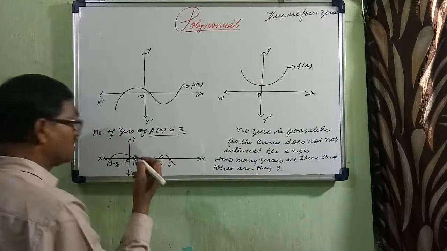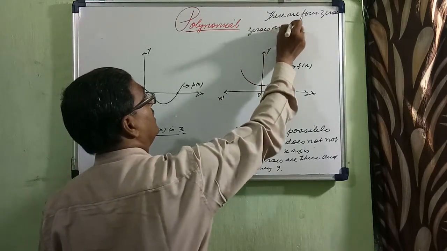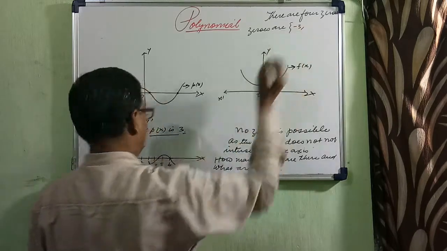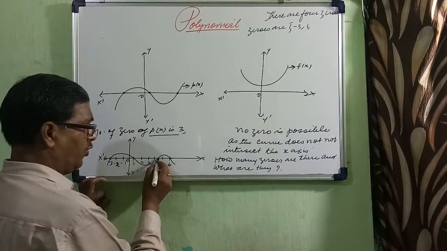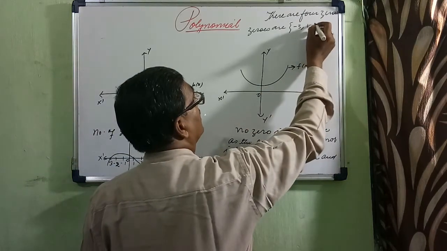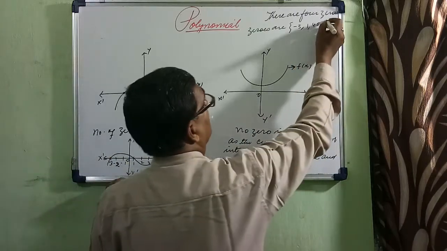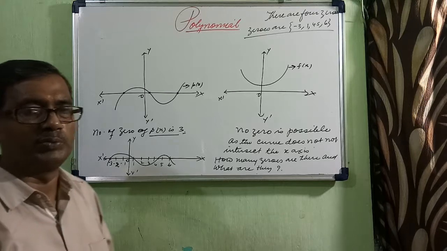And what are the zeros? Look at here, -3, 1, 4.5 and 6. So these are the zeros of the polynomial.